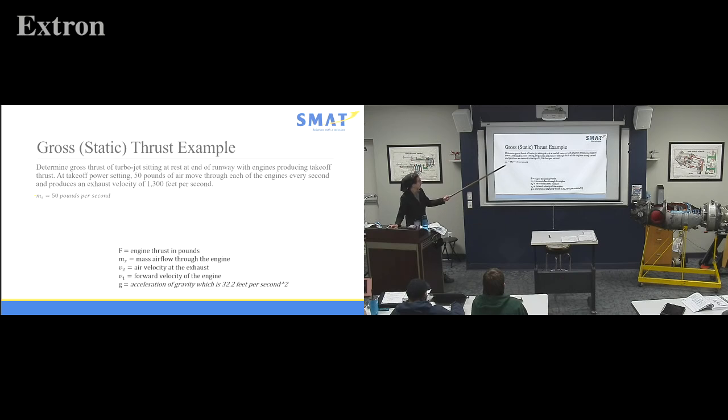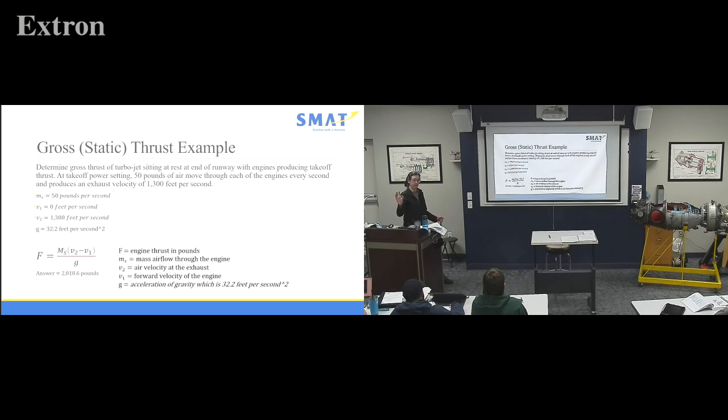So we have 50 pounds per second for mass airflow. Our velocity 1 is zero, we're not moving forward at all. Velocity 2 is 1,300 feet per second coming out of the exhaust, and 32.2 is our acceleration due to gravity. If we put all those numbers in there, we get 2,018.6 pounds for our gross or static thrust.